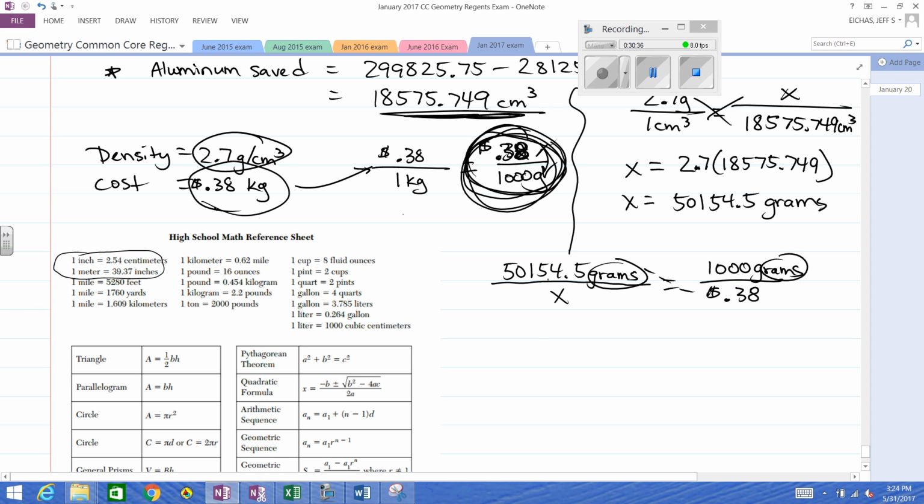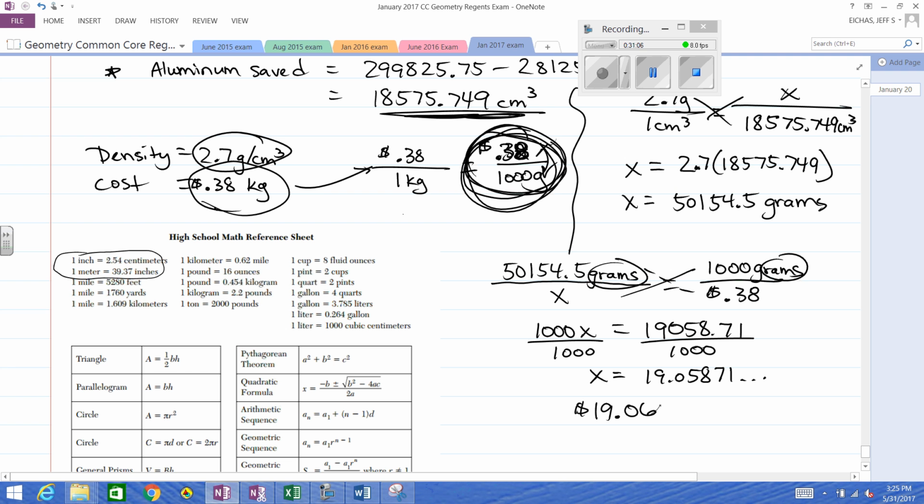Now when we cross multiply, you're going to get 1,000 x equals whatever that is. I get 19058.71. Now we're going to divide by 1,000, and you get 19.05871. With cost, you've got to get it to the nearest cent. So what is it that we're going to save?